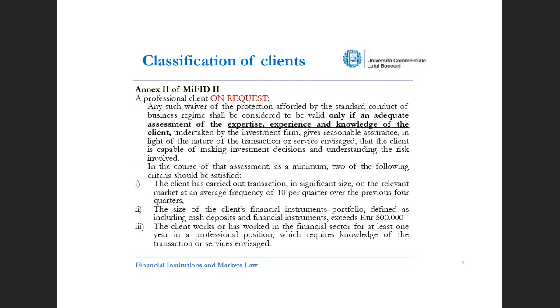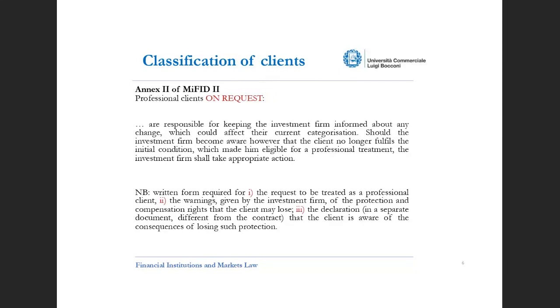So these are quantitative criteria. And then you have a more qualitative criterion, which relates to the professional background and experience of the client that you are considering. So at least 2 out of these 3 criteria must be satisfied, together with the fact that the request must be a genuine request coming from the client.